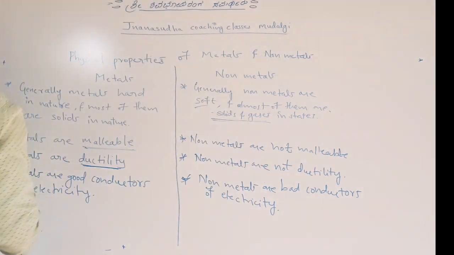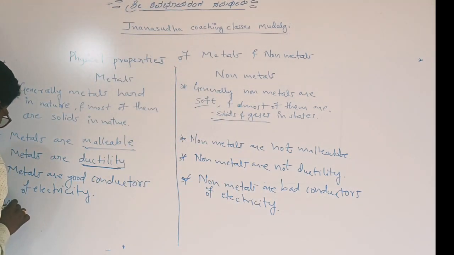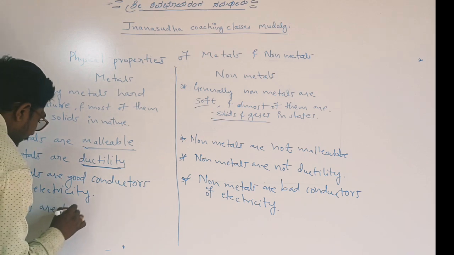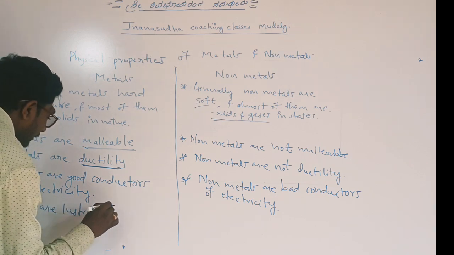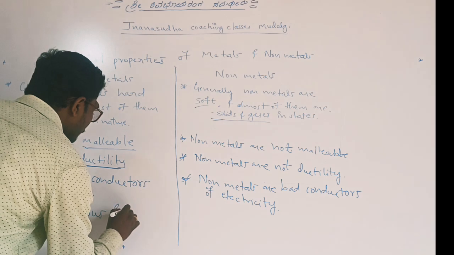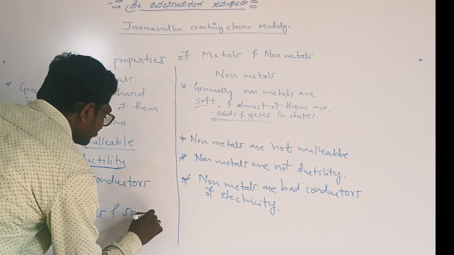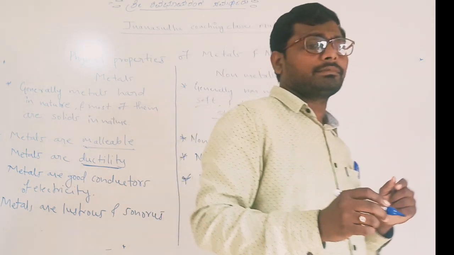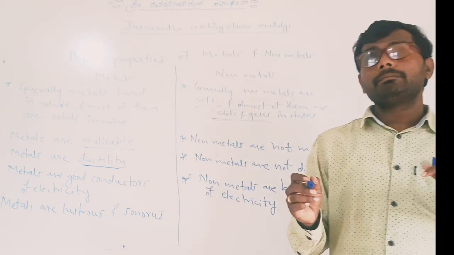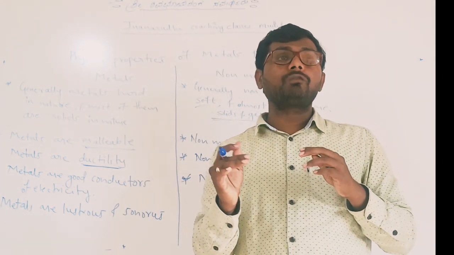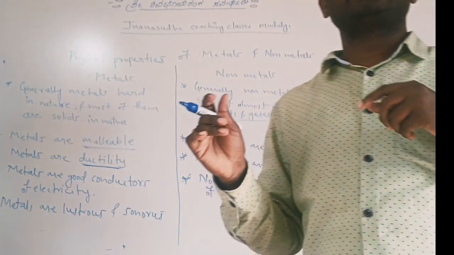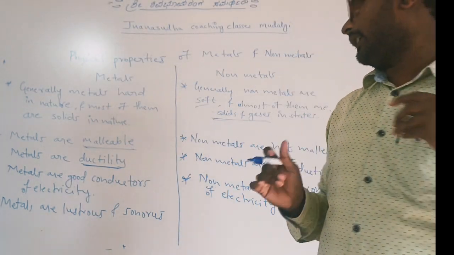Okay, then next: metals are lustrous and sonorous. What is the meaning of lustrous? Lustrous means having the property of shining. Almost all metals are shining.